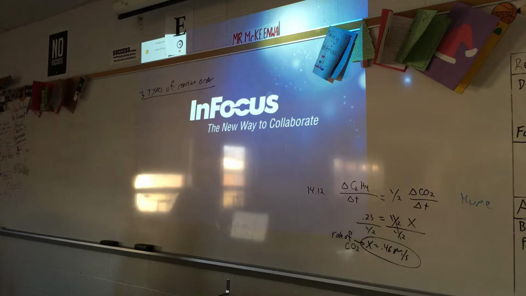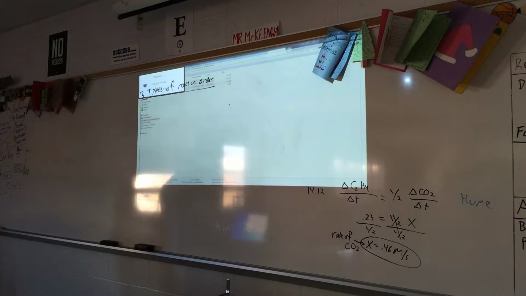All right, so I'm going to show you there's 2 graphs for each one. 2 for the zero order, 2 for the first order, 2 for the second order, and it's because there are different units. Oh, take out your equation sheets.